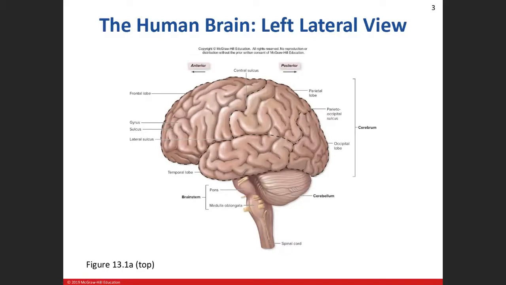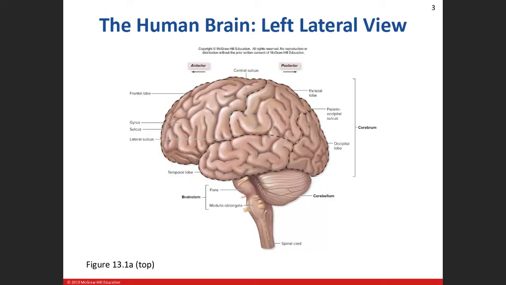Again, this is a lateral view, specifically the left side. The cerebrum is pretty much all of this that you're seeing, all that folded material. The cerebellum is this little guy on the bottom, and then you can see the brainstem here. On the inside is the diencephalon, right in the middle there. We'll see that in a moment.